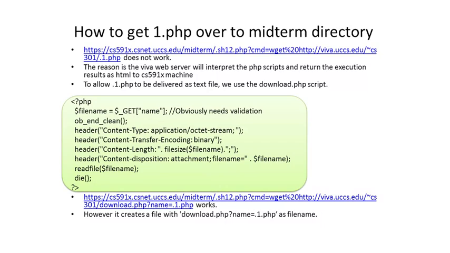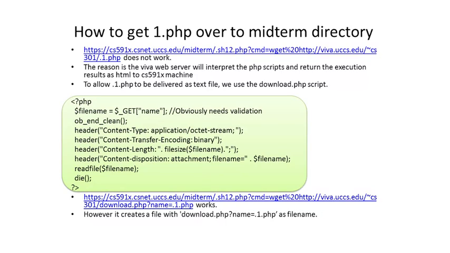Then you use readfile as PHP code to read in the whole file content. Therefore the command we will use is wget with download.php question mark, followed by the query string name equals .1.php. We'll have that executed on CS file 91. And the result works nicely.